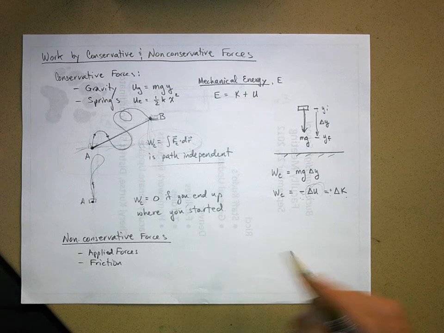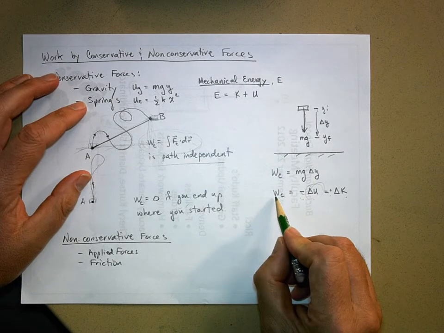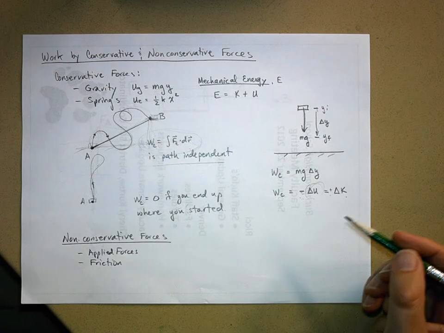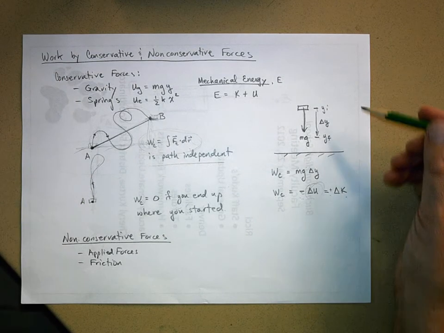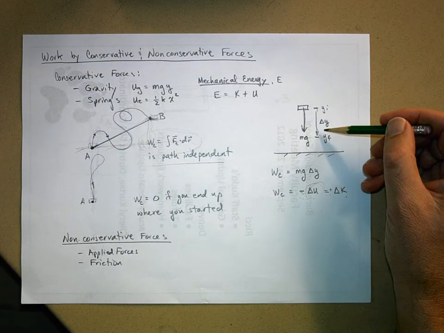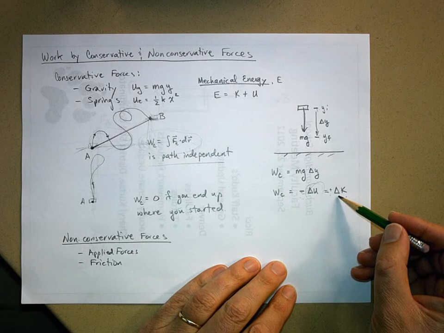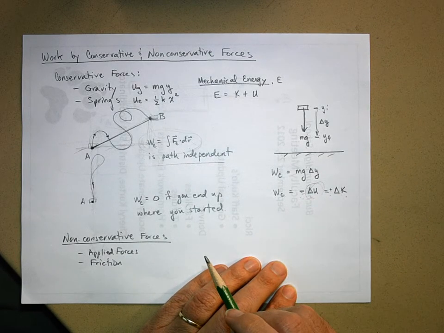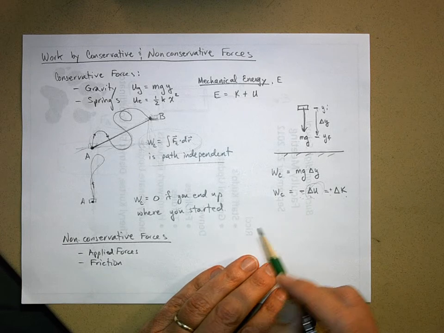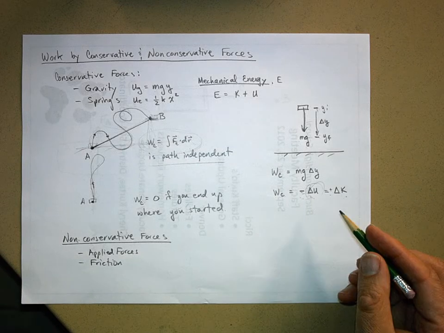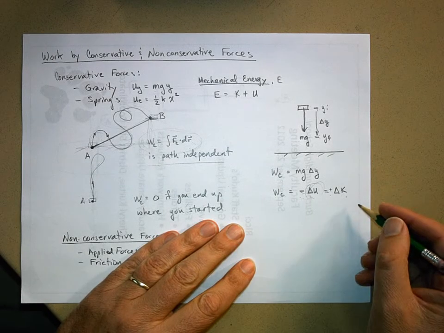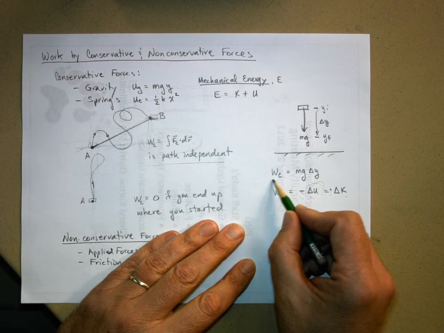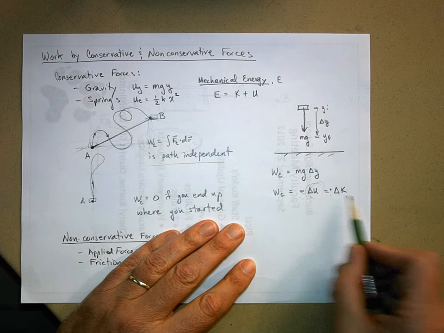So, if you have a conservative force, and in this case we're talking about springs or gravity, the kinetic energy will be increased, but at the expense of potential energy. And now this works for springs just as well as for gravity, so I'm just going to leave it here.